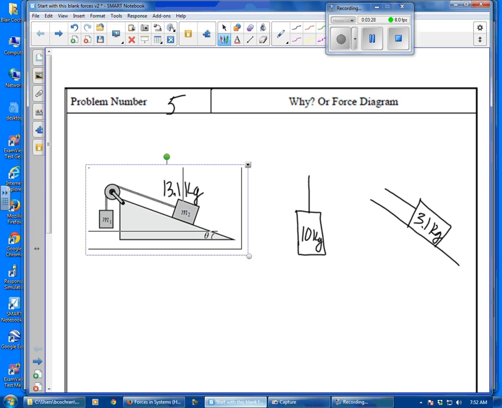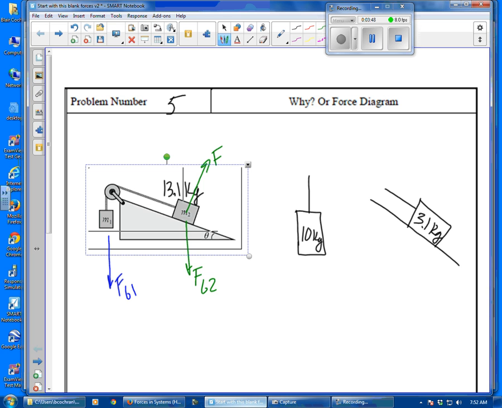So, in the system, we have the weight of 1. We have the weight of 2. I'm using a different color because they're different directions than each other.